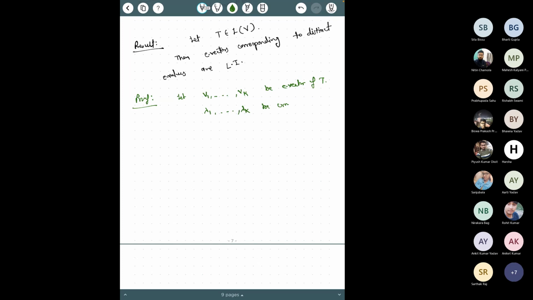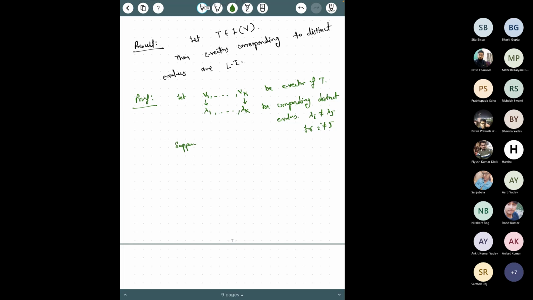For example, for lambda 1, v1 is the eigenvector, and similarly for lambda k, vk. So the lambda i's are distinct. That means lambda i is not equal to lambda j if i is not equal to j.